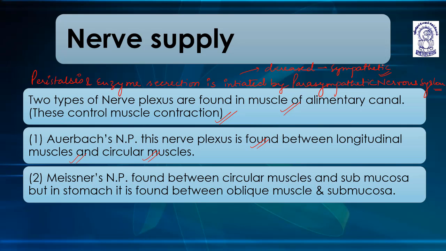Auerbach's nerve plexus controls peristalsis.